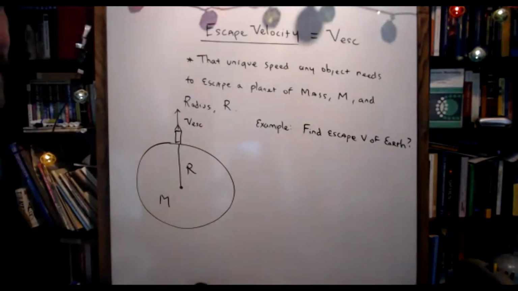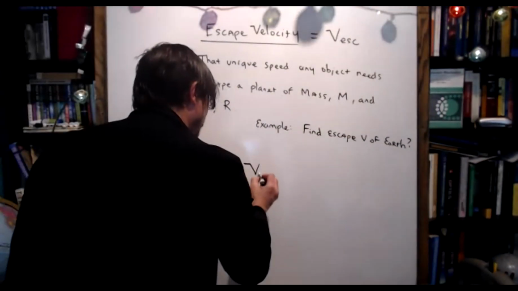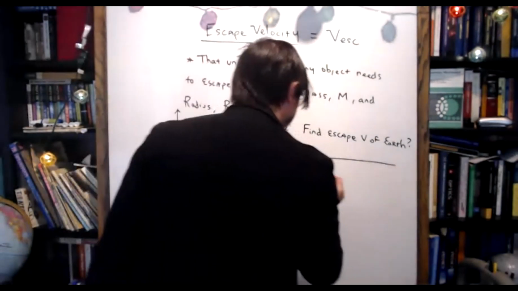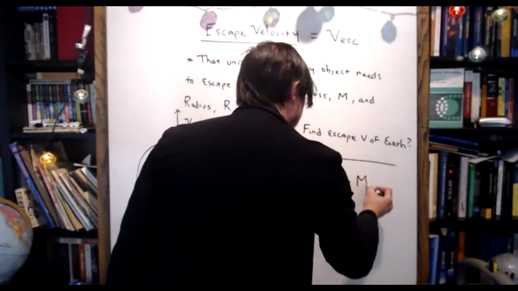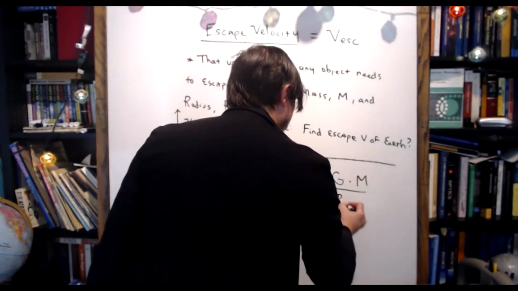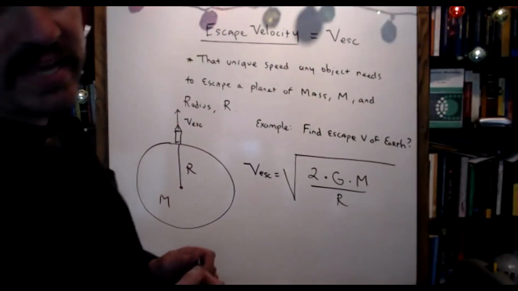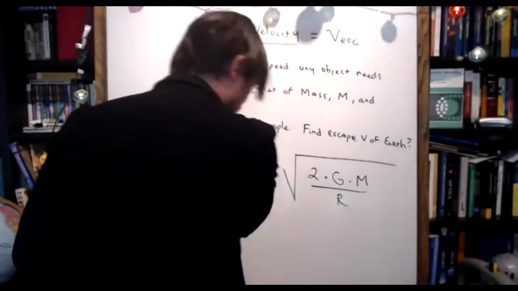Oh, I guess I have to give you the formula, don't I? The escape velocity is the square root of 2 times G times the mass of the planet divided by the radius of the planet, okay? And here, all units should be in MKS units.